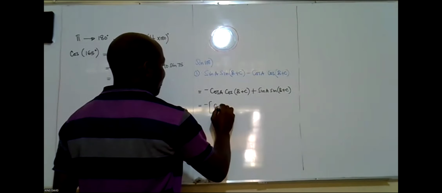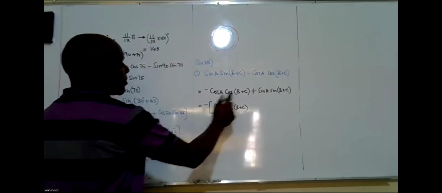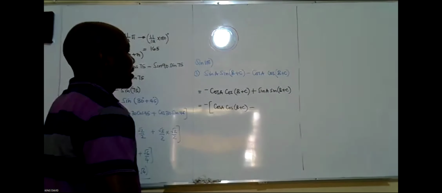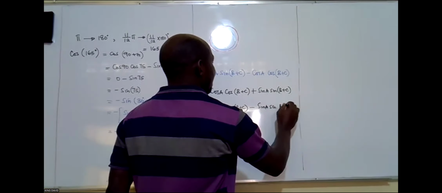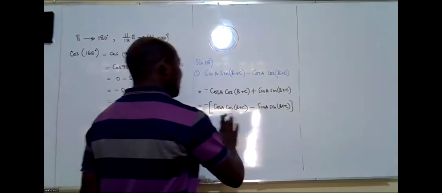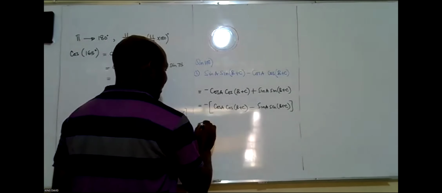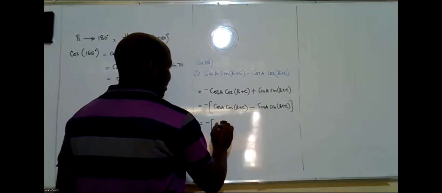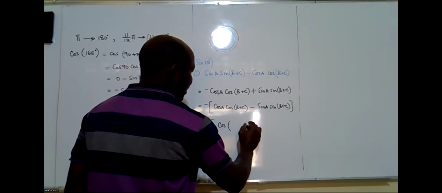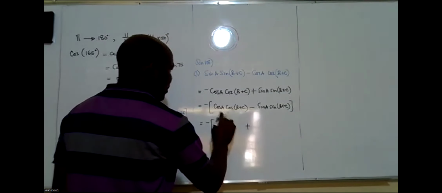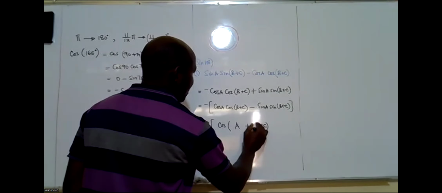This leaves us with cos A cos of B plus C, and the negative we factorized makes this a minus, so minus sin A sin of B plus C. Now we can get an expansion for that. Cos minus sin with our negative out came from an addition, so the angles are now A and the whole of B plus C.